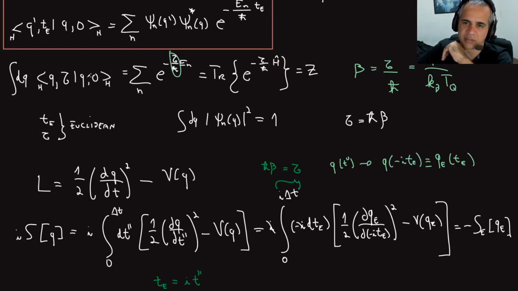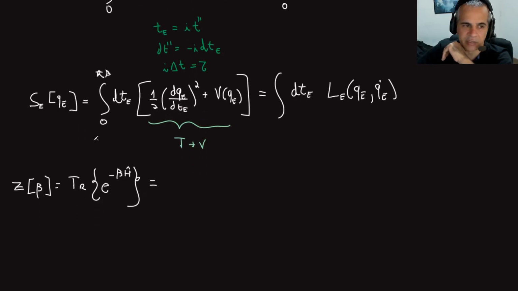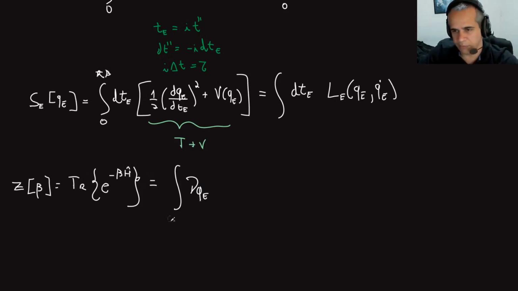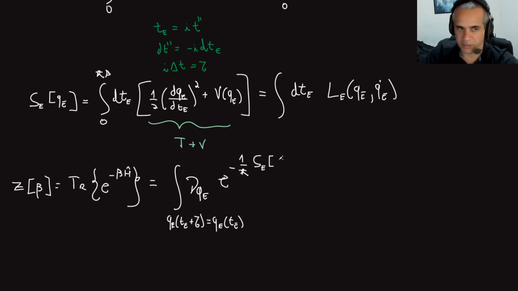I know I can turn this transition amplitude into a path integral, and the path integral I get is actually this one, with the condition that this is cyclic. So I'm integrating over all closed paths of length tau, right? And I already did the rotation to Euclidean time of the action. That was what I was doing here, right?